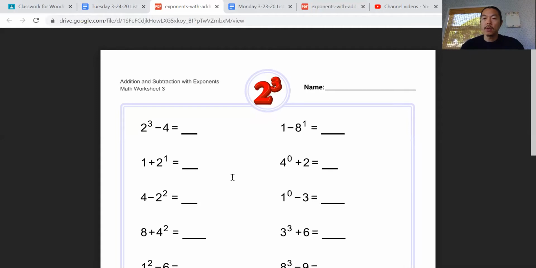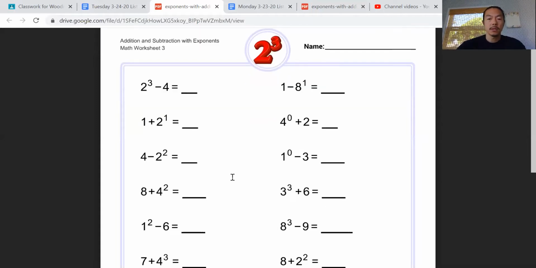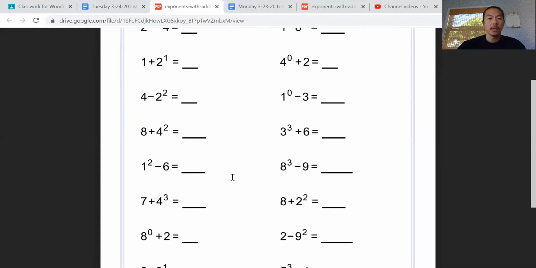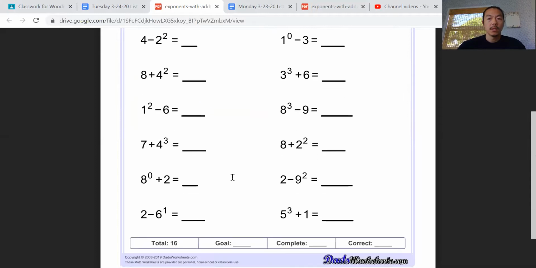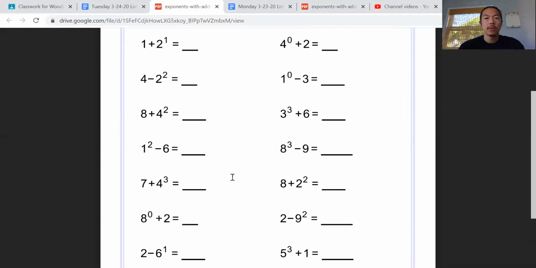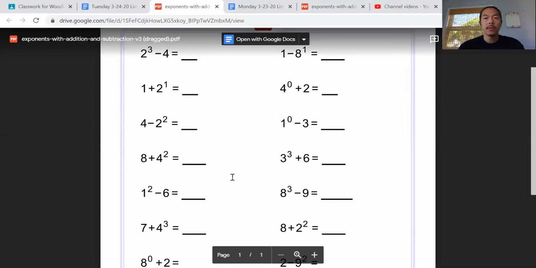So let's maybe do a problem like the one here. Let's keep it simple. Let's go to something like this, just any random negative problem. So if I go 2 minus 3 squared, right?